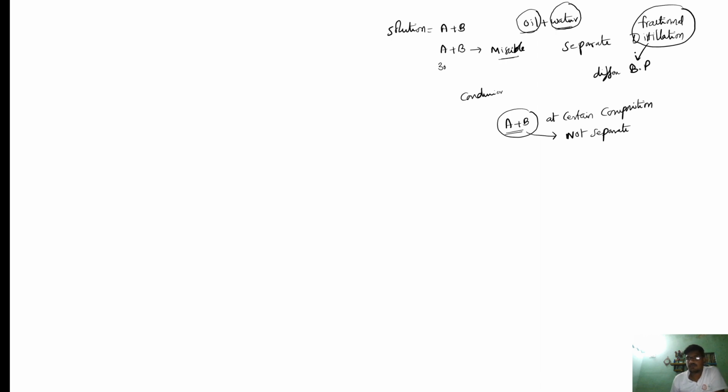Because it acts like one single solvent, even if you heat to those temperatures, this entire liquid will convert into vapor phase instead of only one component being converted into the vapor phase. And these types of mixtures, we call them azeotropes.